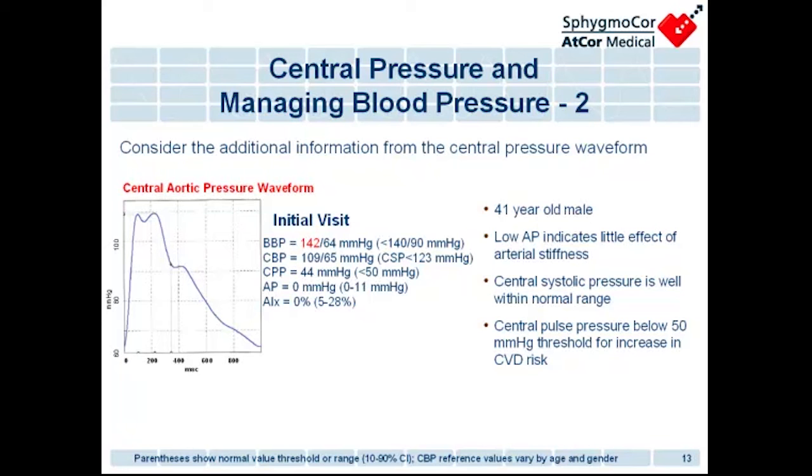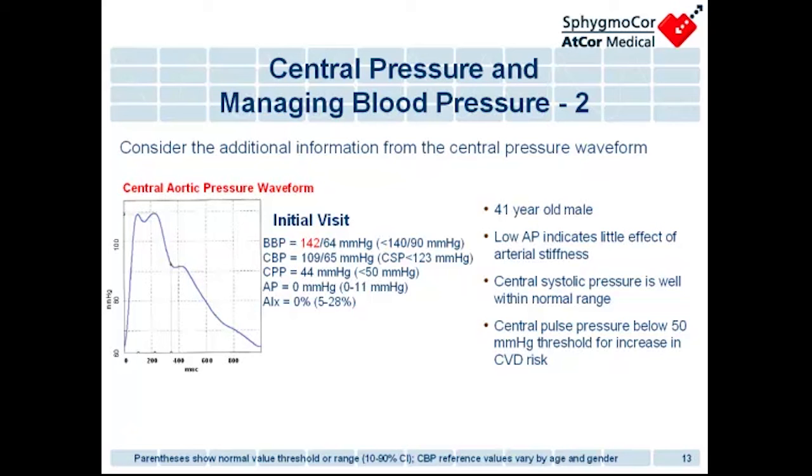Now, we don't have terrific data about what to do with a 41-year-old. Most of the outcome data that we have in treatment of hypertension is in patients who are slightly older.